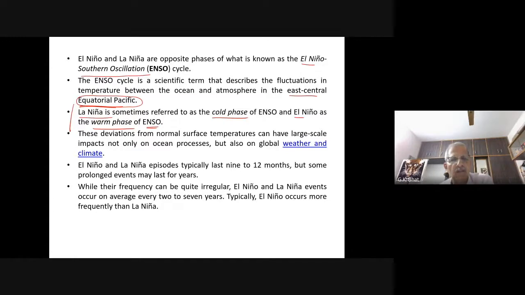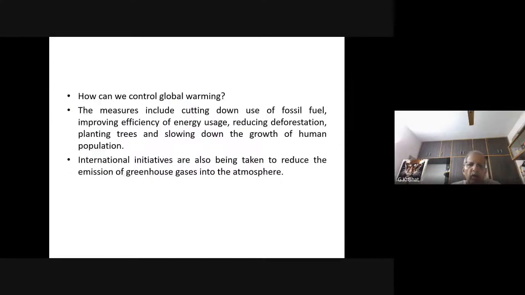It is affecting the flora and fauna in that particular area. First, it is seen to affect the ocean, and then whenever it affects the ocean, nearby land also gets affected. Okay? Now, coming to the next one.